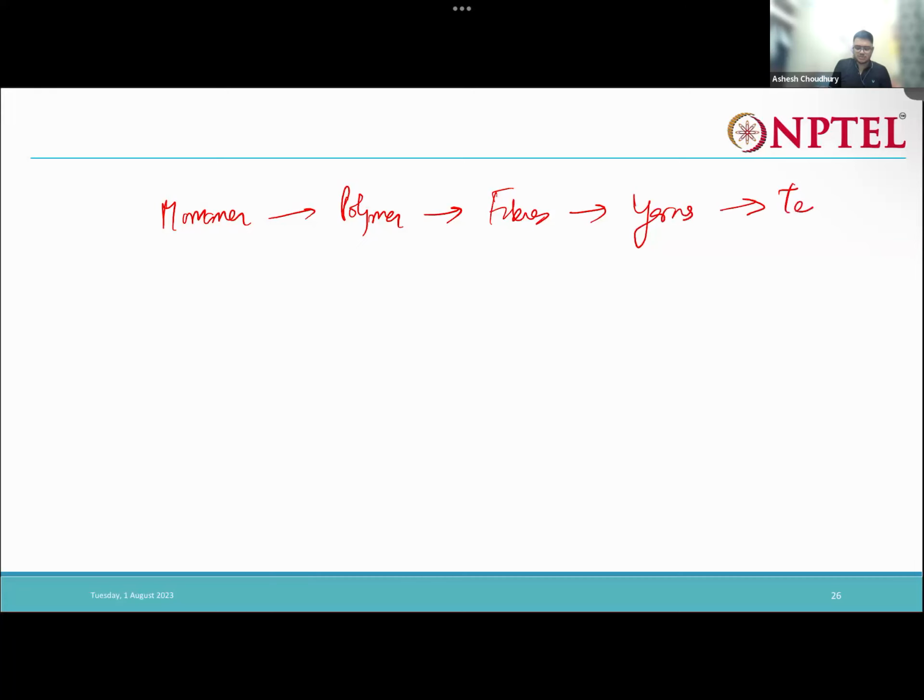And yarns then form textiles. So different types of polymers form our fibers, and these fibers then form different types of yarns. And with the help of these yarns, these textiles are constructed. So please go through the different types of yarns. I won't repeat it again and again.